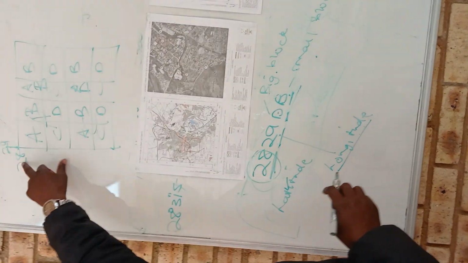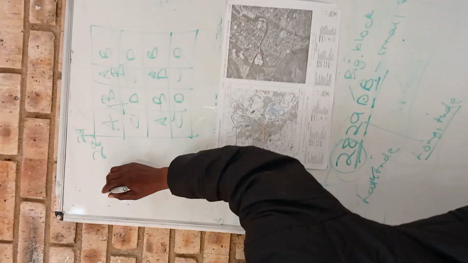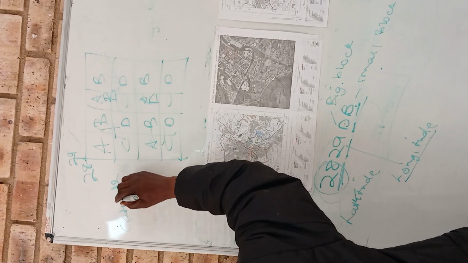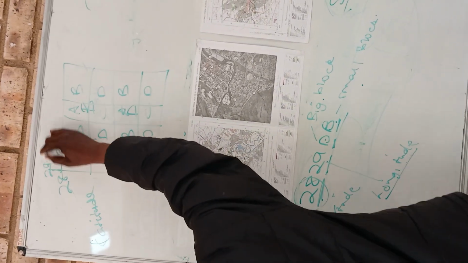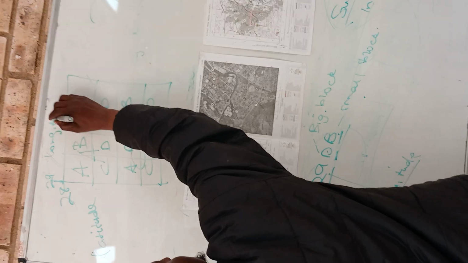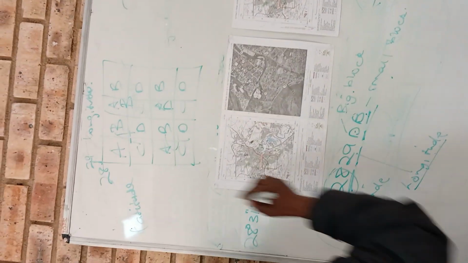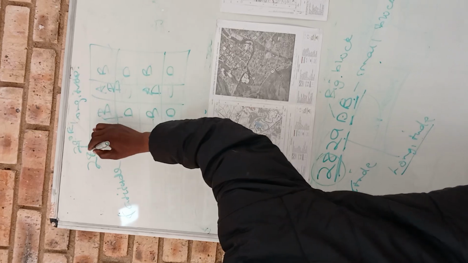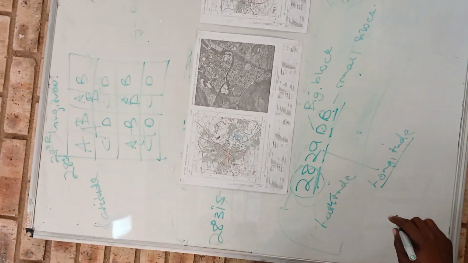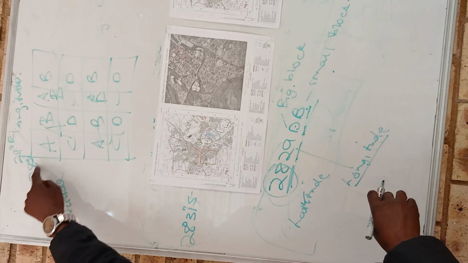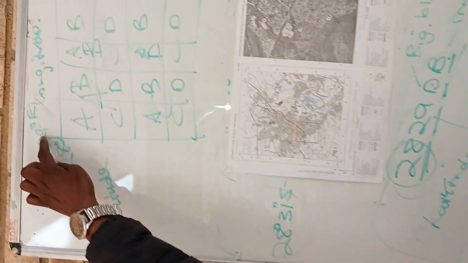So this is latitude 28, and this is longitude 29 degrees. It's going towards the east and towards the south. So our map was extracted from 28, 29: 28 latitude, 29 longitude.